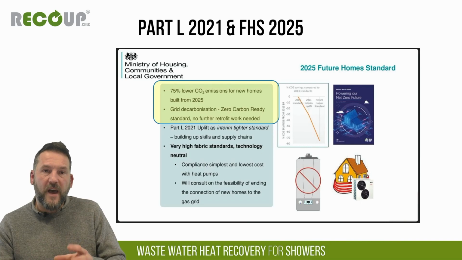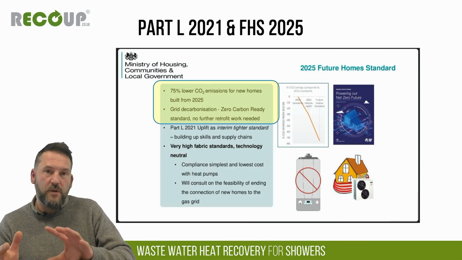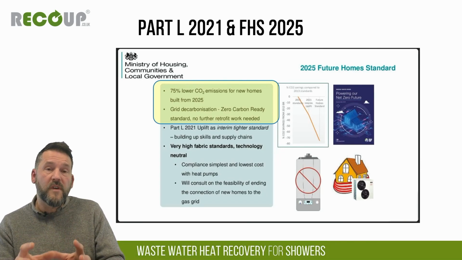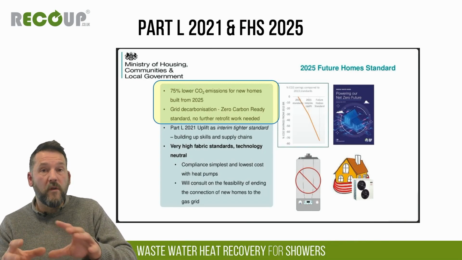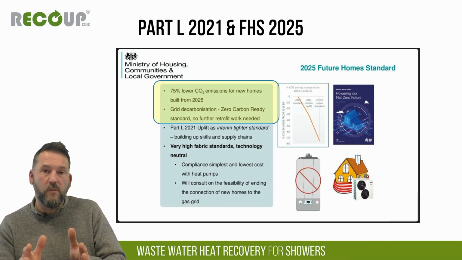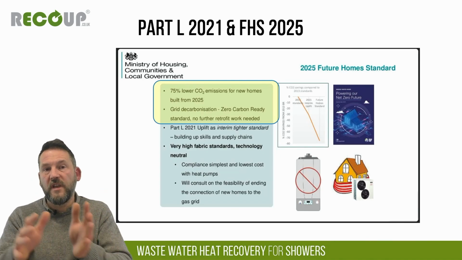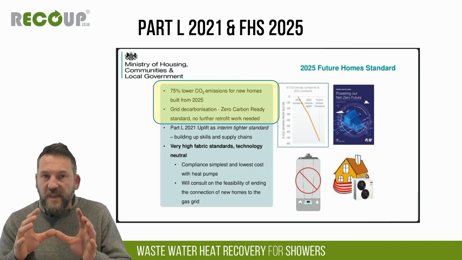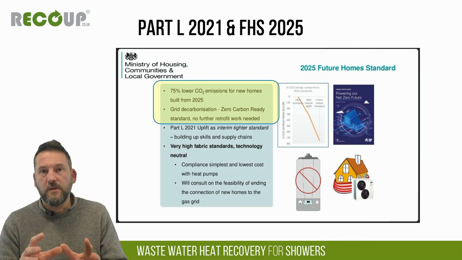And the reason for that is not only to reduce the overall CO2 emissions of new homes as built, but also so that as the UK grid decarbonises, more and more renewables come online, those homes that are built from 2025 onwards, without any retrofit work needed, will naturally become zero carbon as the grid decarbonises. So that's the ethos behind Future Home Standard 2025.